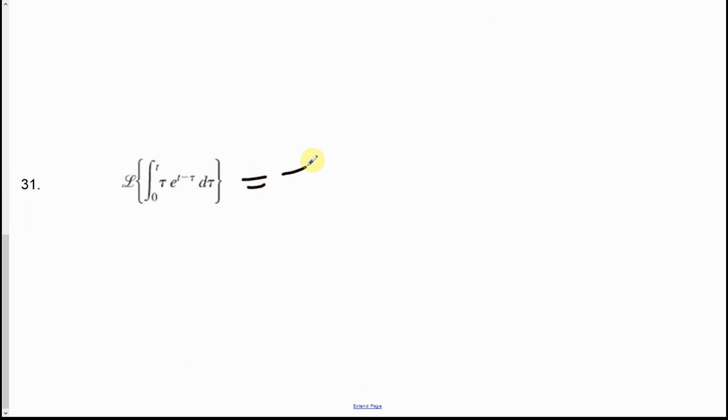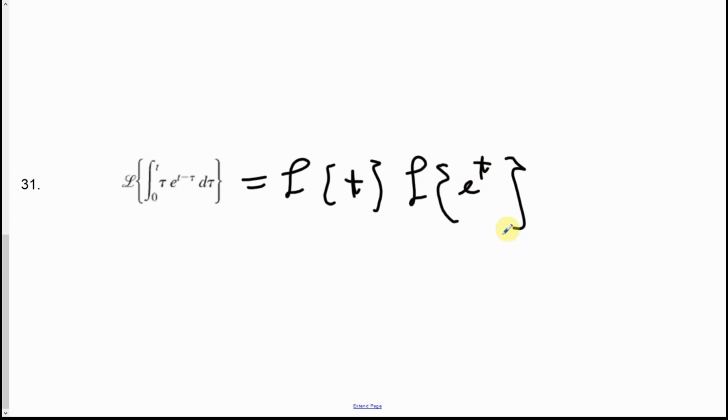What is this? This is the Laplace transform of t times the Laplace transform of e to the t. That's how the convolution is defined. That tau is within t. That's all you need.